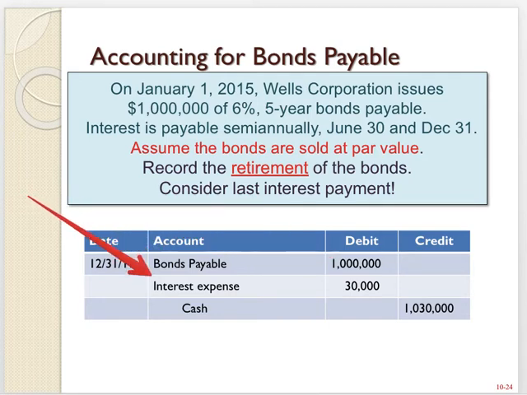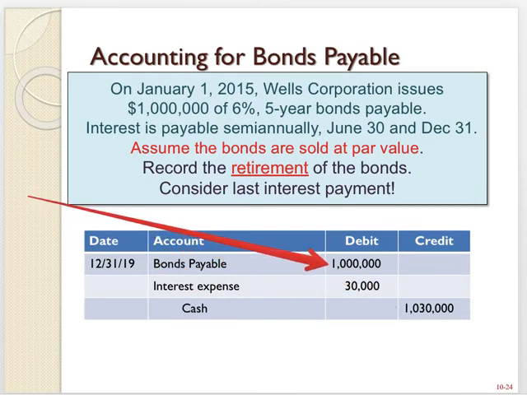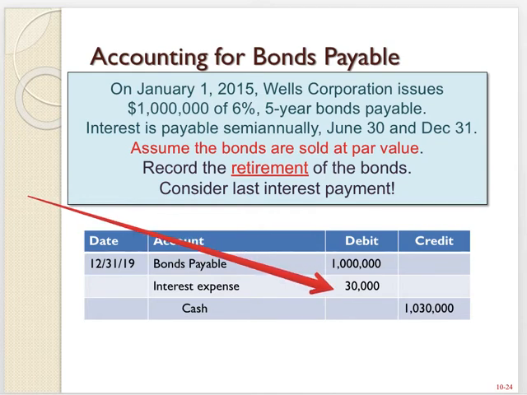We're going to record that last interest payment for the last 6 months of the bond period of $30,000 because like I said, you only really need to calculate it once and it's going to be the same amount every 6 months. And so the total amount of cash that we're paying is $1,030,000, which includes the principal of the bond of $1,000,000 plus that last interest payment of $30,000.